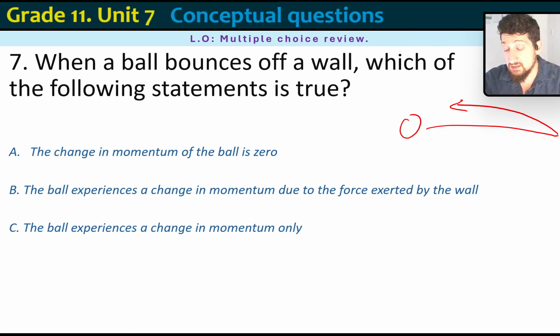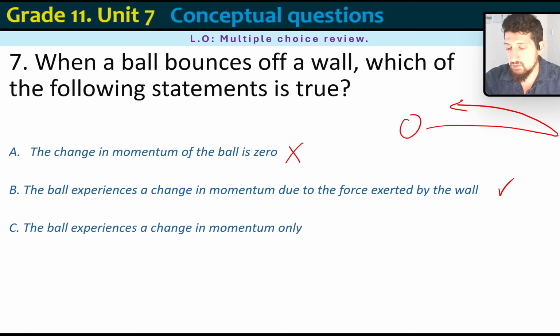So the change in momentum is zero? No, there will be a change in momentum because there is a change in direction and therefore change in velocity and therefore change in momentum. The ball experiences a change in momentum due to the force exerted by the wall. This has to do with Newton's third law. For every action there is an equal and opposite reaction. The ball applies a force on the wall, the wall applies a force back, which causes a change in momentum.